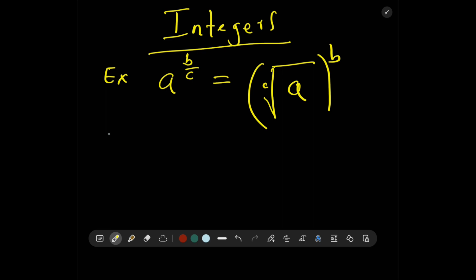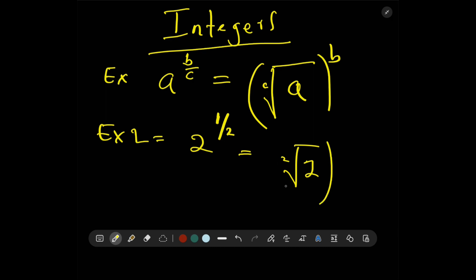So example, let's now use numbers so you can understand what I'm saying. So you have 2 raised to the power of a half. So you're going to write that as a square root, okay? Your 2, and then you're going to have your other 2 right here, then your 1 right here. That's how you write that.